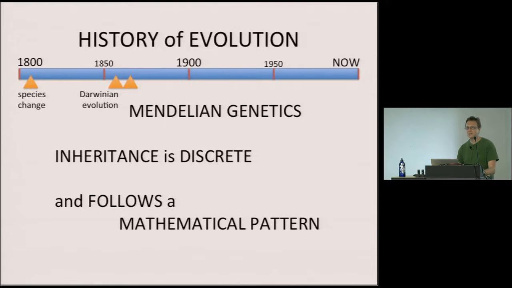And so he really brought two things to evolutionary theory. One is this idea that inheritance is discrete, that you either get a trait from your parent or you don't get a trait from your parent, and that inheritance can be mathematically described. So he was one of the first researchers that really brought quantitative approaches to the study of evolution, that we can have equations that describe how evolution works.